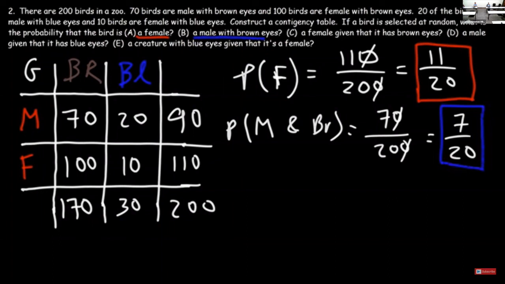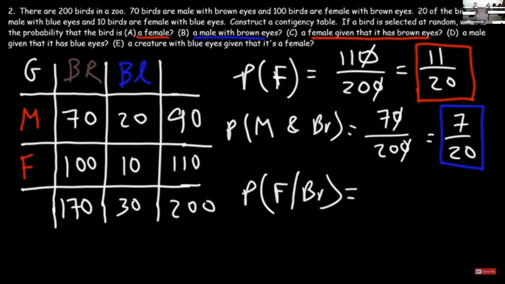Now let's move on to part C. So what is the probability that the bird is a female given that it has brown eyes? So now we're dealing with a conditional probability question. So what is the probability that we're going to get F given BR? So to do it the easy way, think about this question.